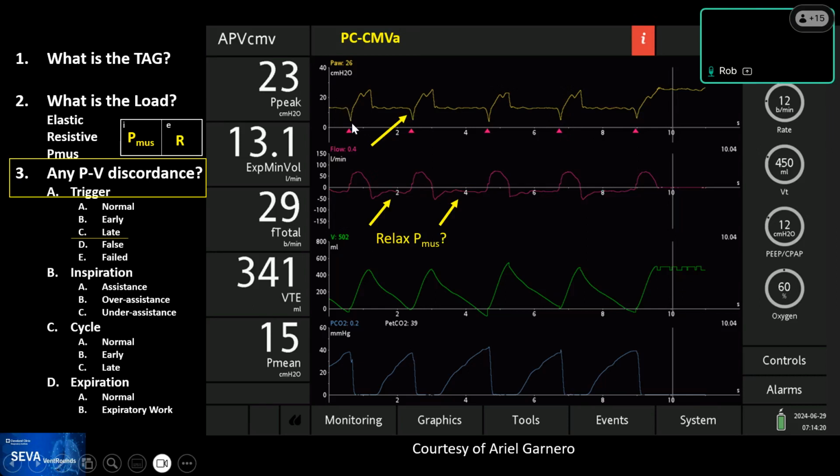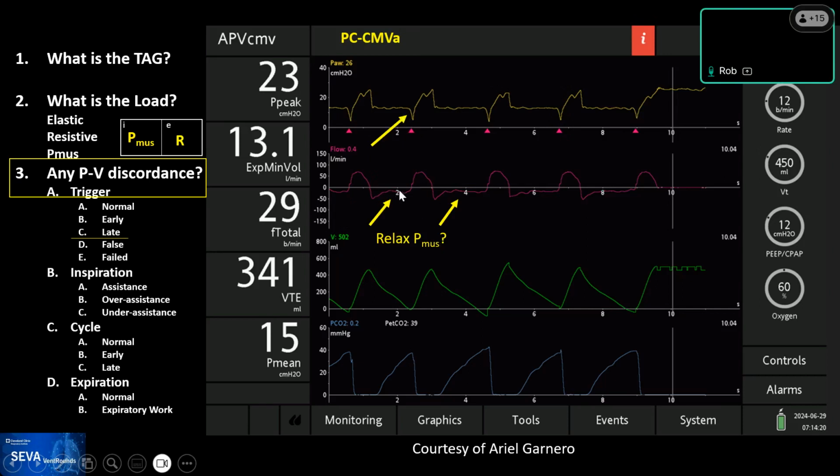And look how far below the PEEP the airway pressure has to drop before the ventilator triggers. And that takes a few milliseconds. So we might assume that even though this is set for flow triggering, the flow trigger sensitivity is too insensitive. It's low sensitivity, or the trigger threshold is too high. So I would agree that's probably a late trigger.